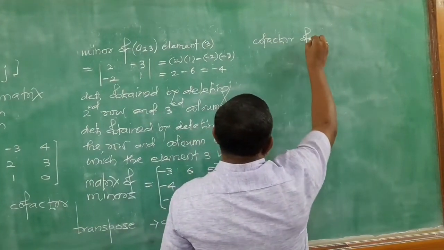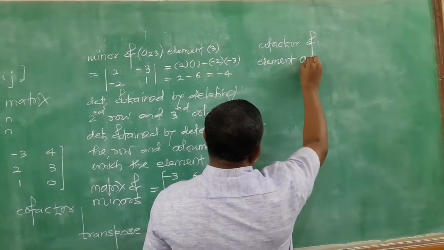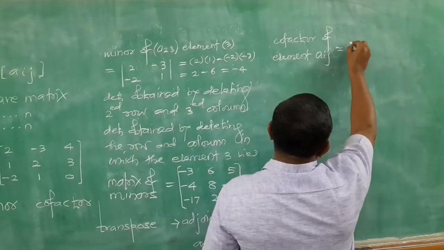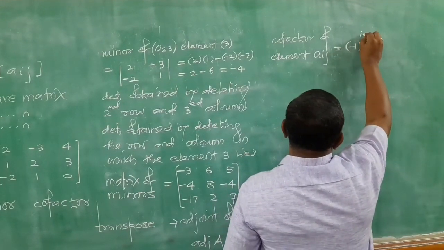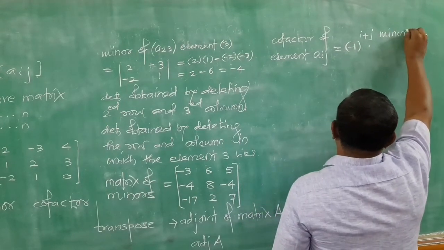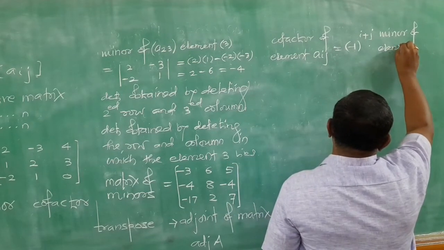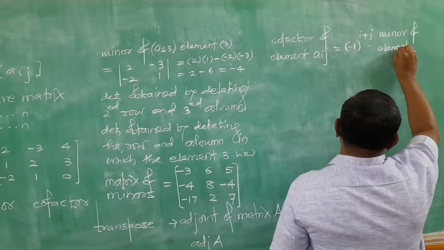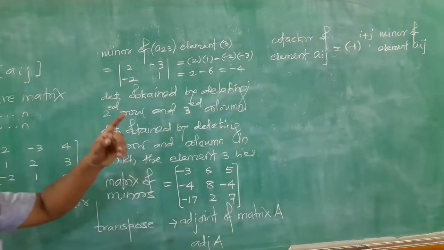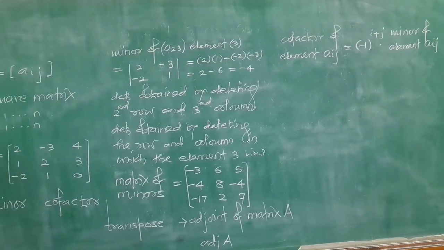Cofactor of element Aij is equal to minus 1 raised to i plus j multiplied by minor of element Aij. It means cofactor with proper sign is the minor of element Aij.